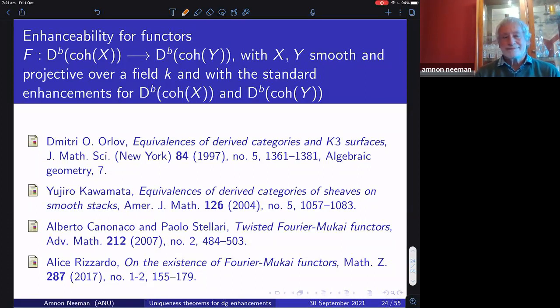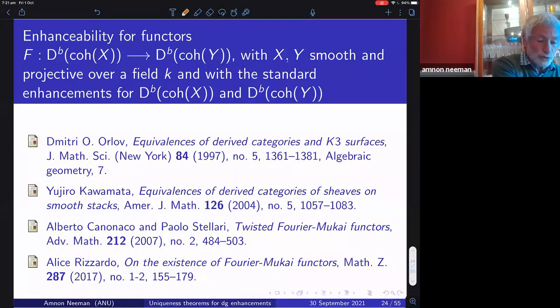So under certain conditions on the functor, it has to be enhanceable. And Rizzardo generalized even more. She weakened the condition on the functor. So there is a relatively general class of functors from D^b coherent on X to D^b coherent on Y, which must be Fourier-Mukai. So the question becomes, are they all Fourier-Mukai?